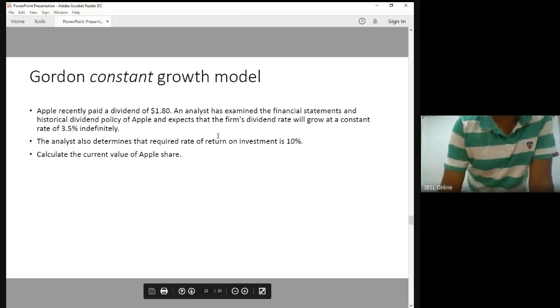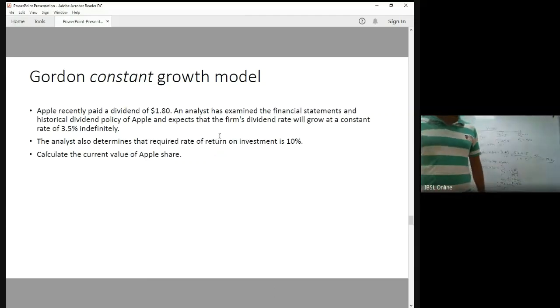Apple recently paid a dividend of 1.8, and analysts examine the financial statements and historical dividend policy of Apple and expect that the firm's dividend will grow at a constant 3.5% indefinitely. The analyst also determines that the required rate of return on investment is 10%. He wants to calculate the current value of Apple.